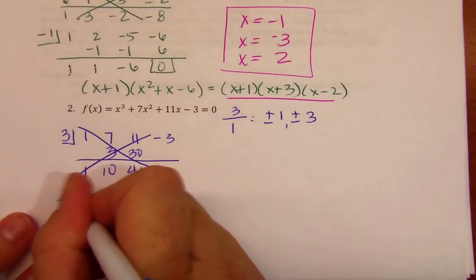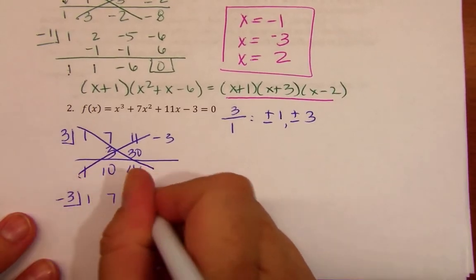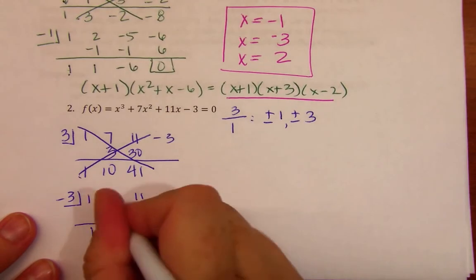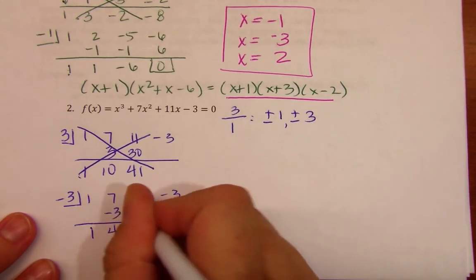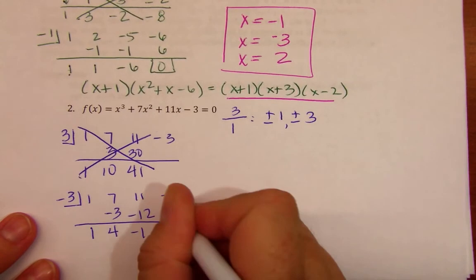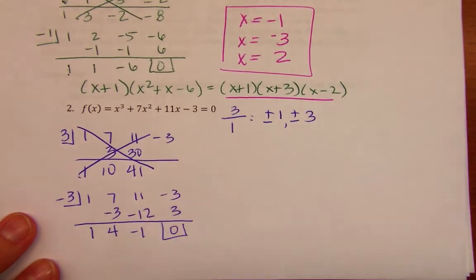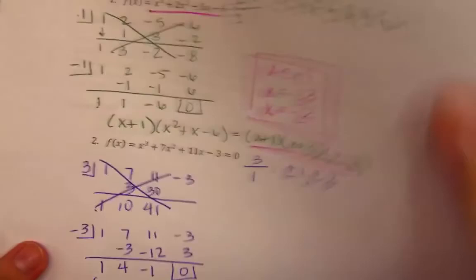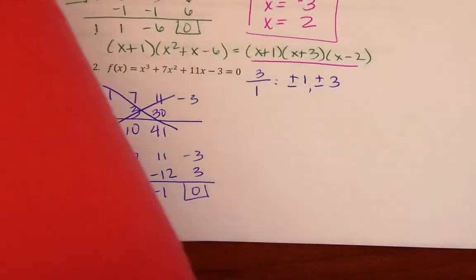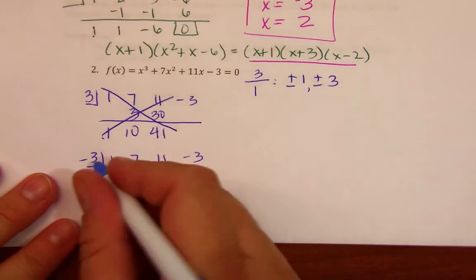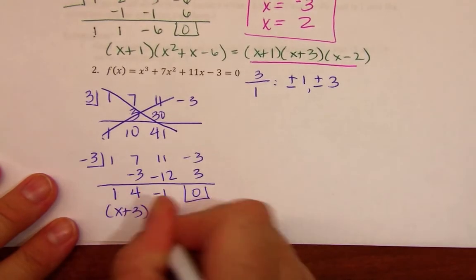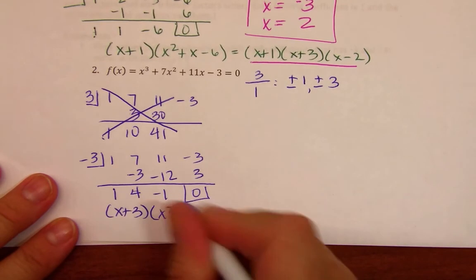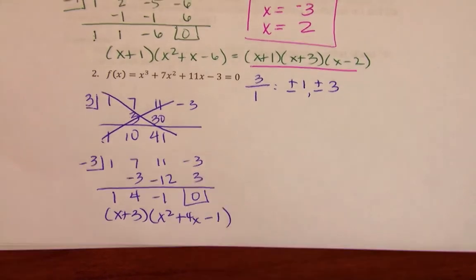So let's try negative 3. 1, 7, 11, negative 3. Bringing down the 1, negative 3, 4, negative 12, negative 1, 3, and this one worked. So that means that the polynomial that we originally had is equivalent to x plus 3, and then x squared, x, and minus 1.